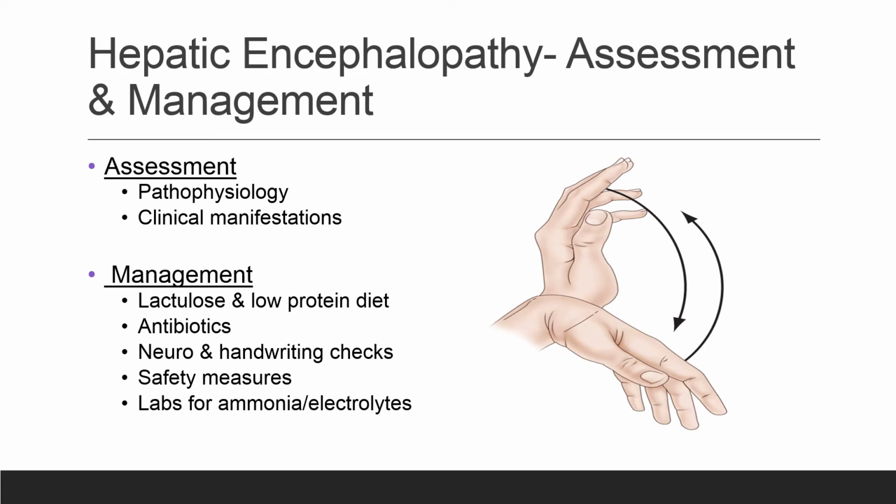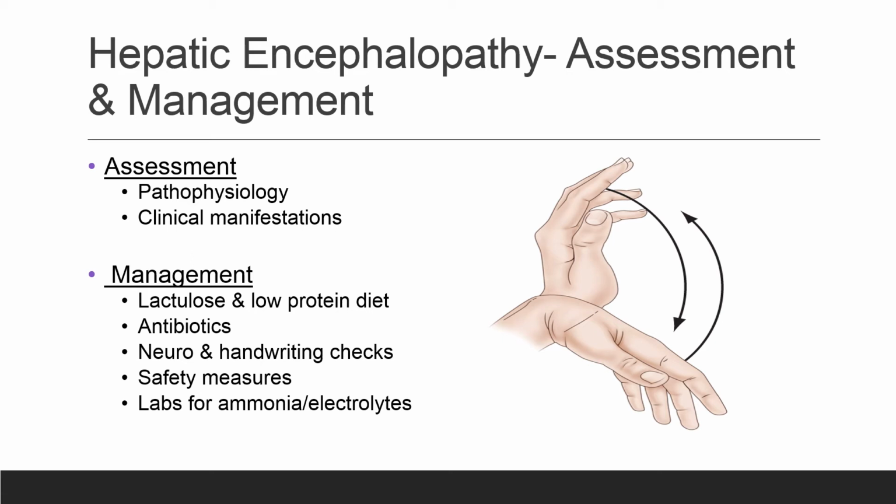So lactulose is given, and this will help decrease the ammonia levels by causing the person to defecate and getting rid of ammonia that's in the bowel, and decreasing the bacteria, which would cause the increase in ammonia levels.